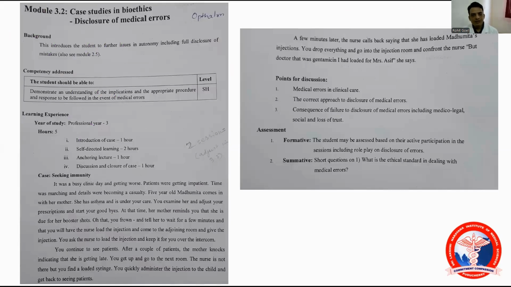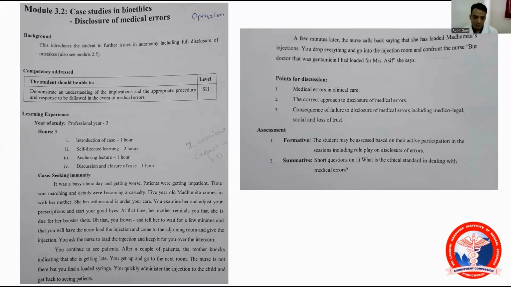In this module, a 5-year-old girl is brought to the pediatrician for a regular follow-up and immunization booster. The doctor, occupied with other patients, instructs a nurse to prepare the injection. Later on, he goes to the injection room and administers the injection. After some time, the nurse comes to the OPD room and tells the doctor that the injection is ready.